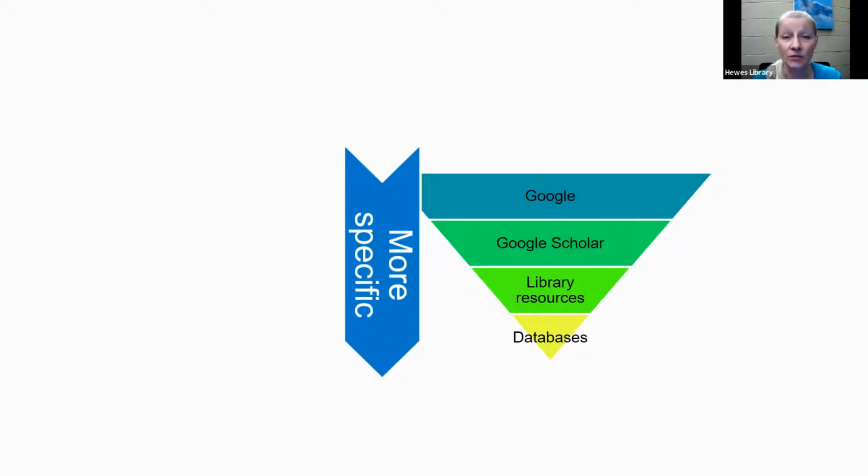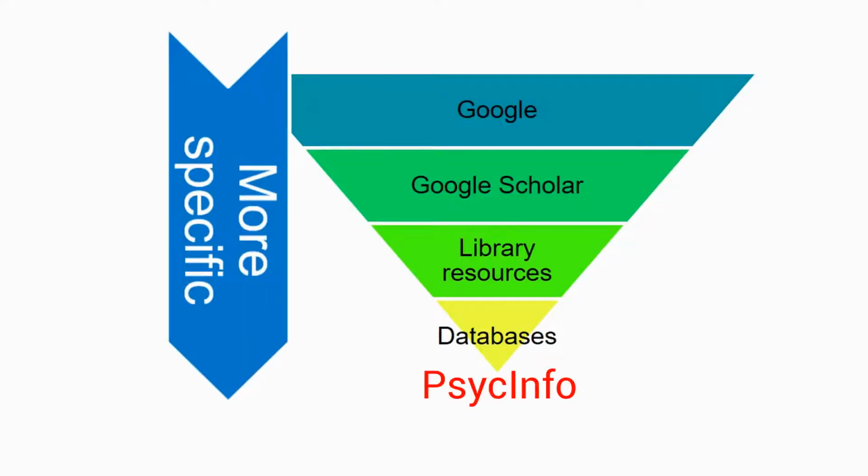And as you go down this triangle of resources from Google to databases, the scope of information gets more and more narrow, more and more focused, and in fact, more and more reliable. The smaller focused database, like PsycInfo, really helps you hone in on academic information created by experts that's relevant to your topic.